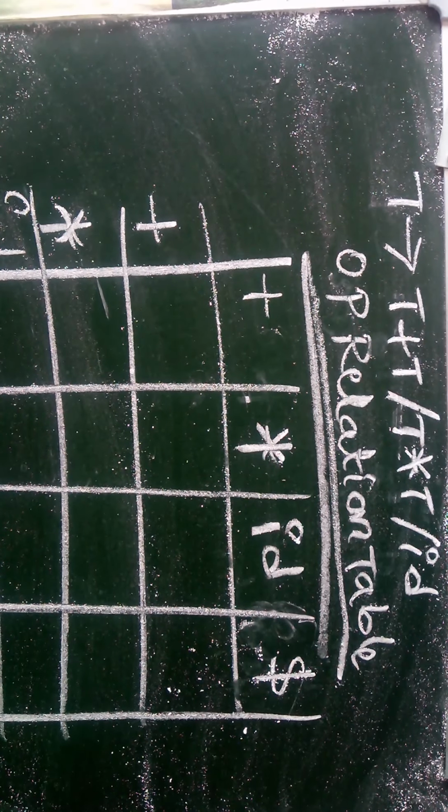Now there are some basics for relations. How to proceed with the relations? We see that first, and later we fill the entire box.